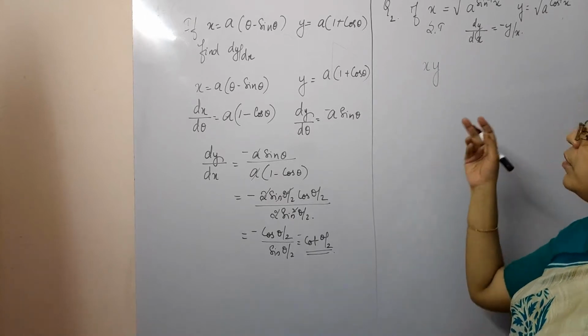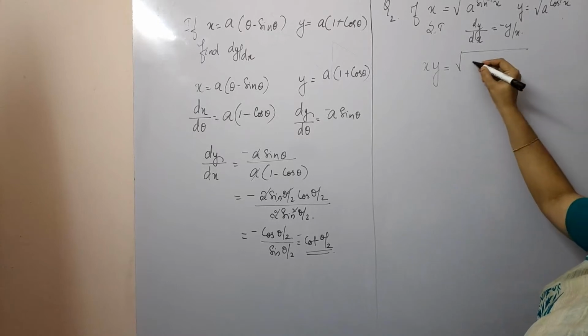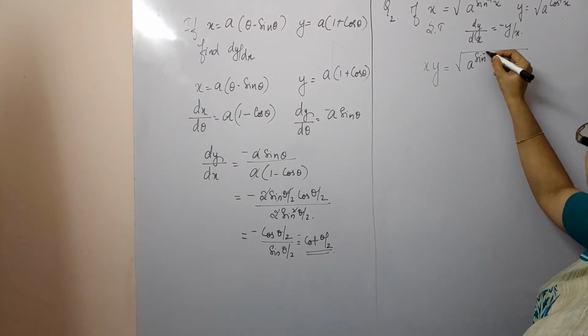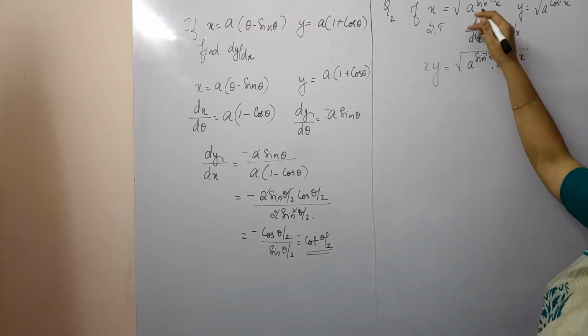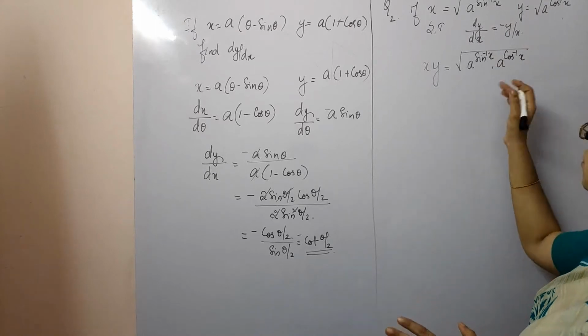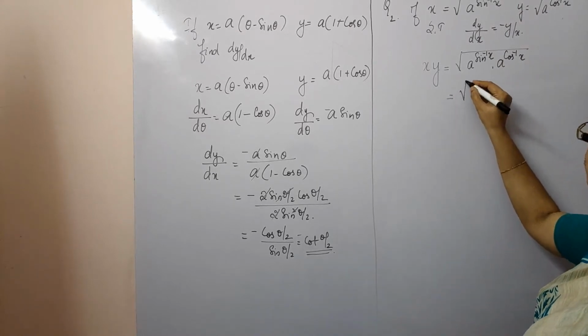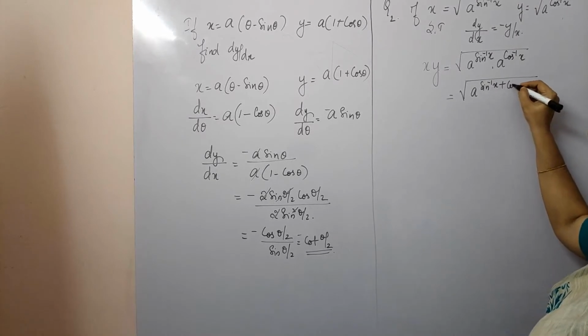This is a board question actually. So what is xy? xy is root of a raised to sin inverse of x into root of a raised to cos inverse of x. When I merge it, I get root of a raised to sin inverse of x plus cos inverse of x.